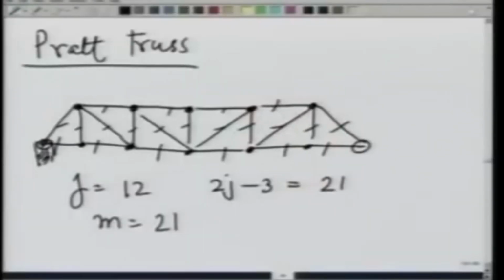These points can be fixed. On the other side, either I can have a fixed pin or usually you put it on a wheel. I will comment on this a little later. Let us look at some other trusses in the meantime.